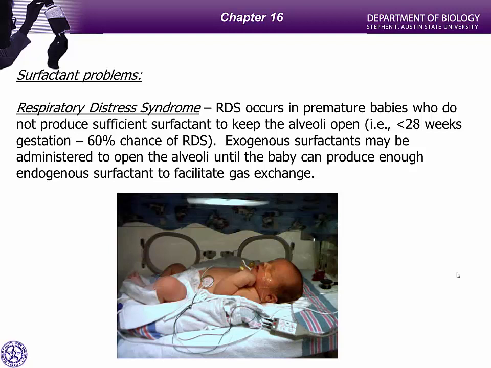What they can do in NICU units is get a respiratory therapist to come in and administer exogenous surfactant to the baby. They inject the surfactant directly into the airway, and that hopefully will facilitate the opening of the alveoli to allow external respiration to occur until the infant can produce enough of its own surfactant to survive on its own. That's for very extreme cases of premature babies, to offset the respiratory distress.